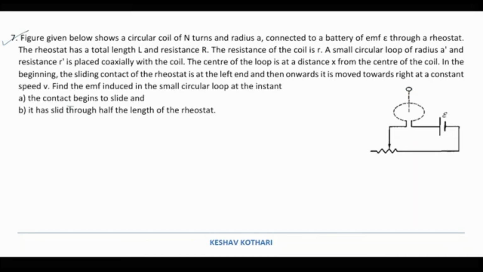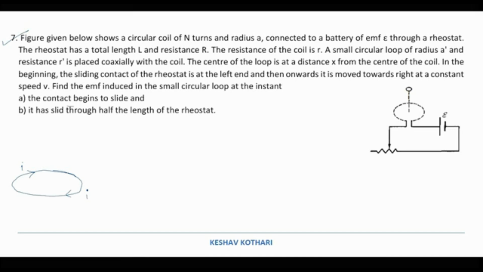So if we consider this problem, we consider it in this way. I am drawing it in an enlarged way. Over here we have a circular loop like this, which will be carrying a certain current, and the current will be a function of time, because the rheostat's resistance is continuously changing.